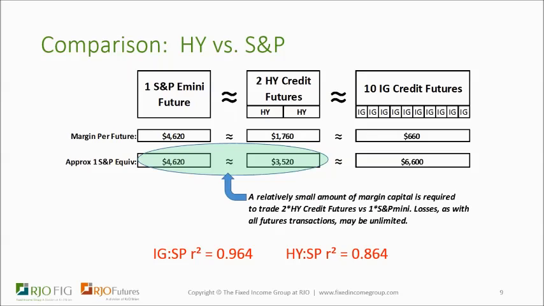The institutional uses for these products are all over the place. For people that follow the agency market, credit risk transfer bonds issued by Fannie and Freddie, the mezzanine tranches of those bonds, are highly correlated to HY.